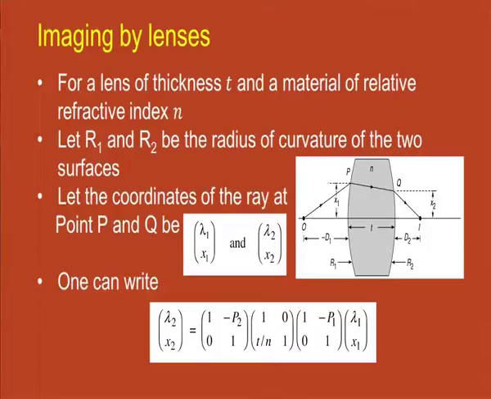So, one can write the following expression by following the previous discussion, that is the column matrix of lambda 2 x2 is equal to the square matrix of 1 minus p2 0 1 multiplied with the square matrix of 1 0 t by n 1 and the square matrix of 1 minus p1 0 1 and finally, the column matrix of lambda 1 x1.